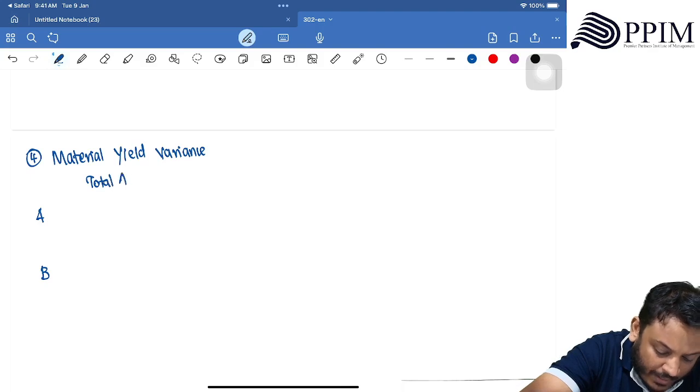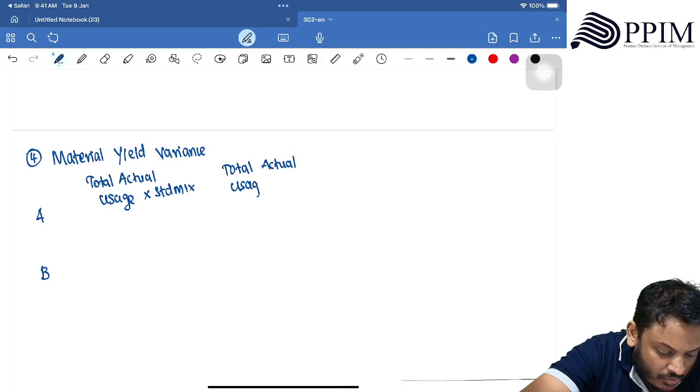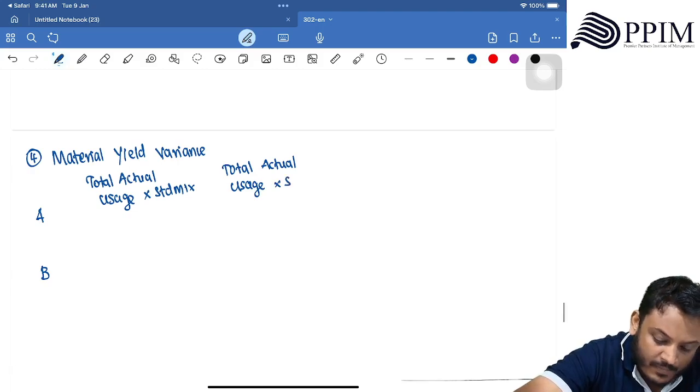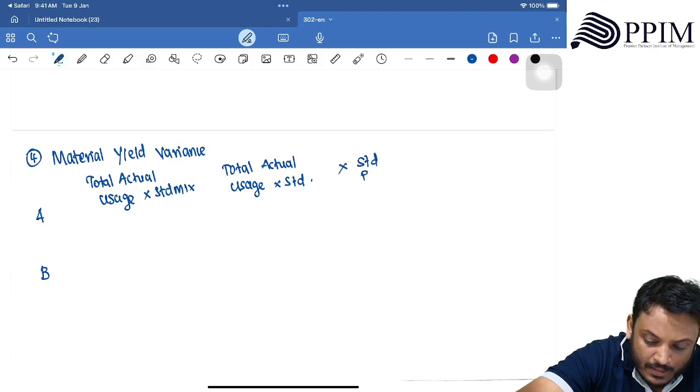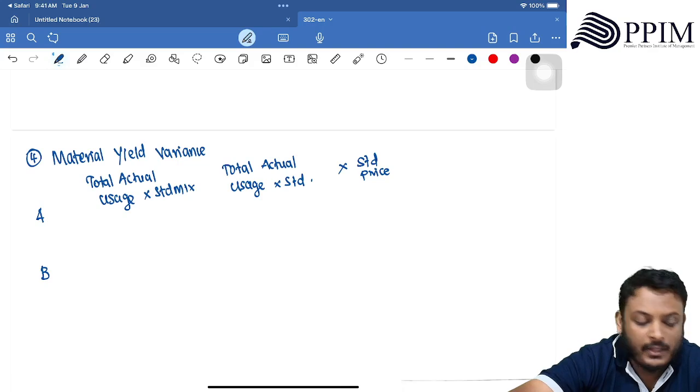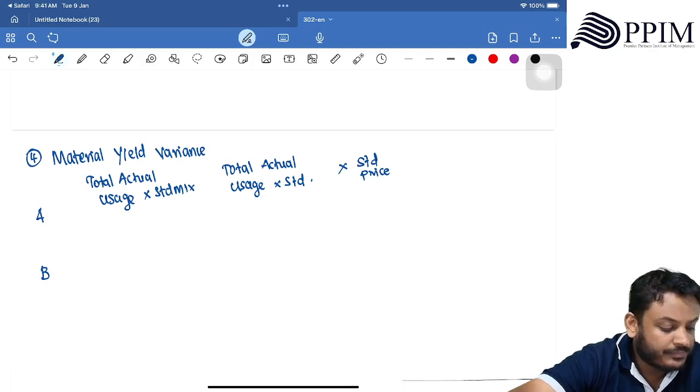Total actual usage into standard mix, multiplied by standard price. Copy this.